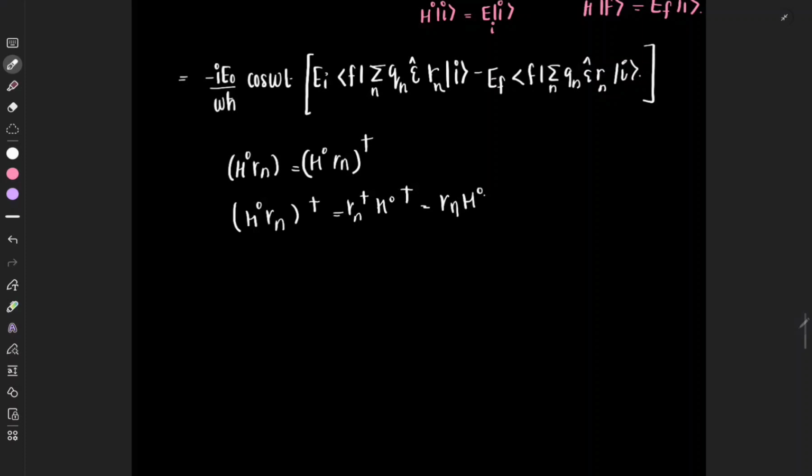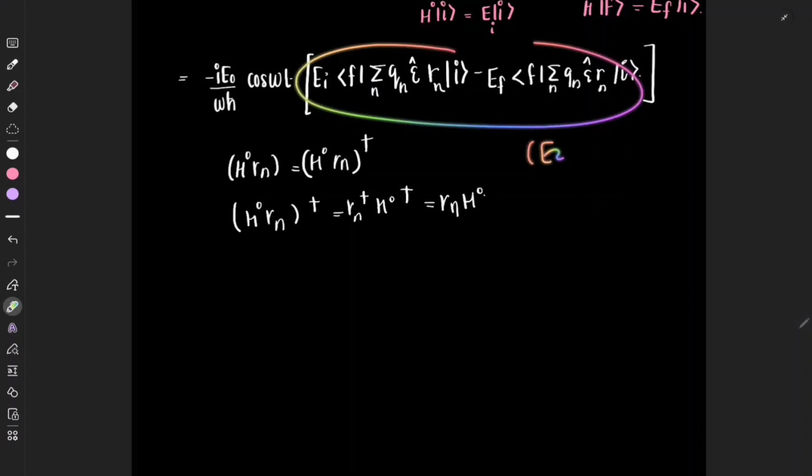Okay, so it will be the same. That means h is equal to h dagger. Fine. Now we can write this together. I can write the whole term as e i minus e f, bra f, summation n, q n, this one ket i.